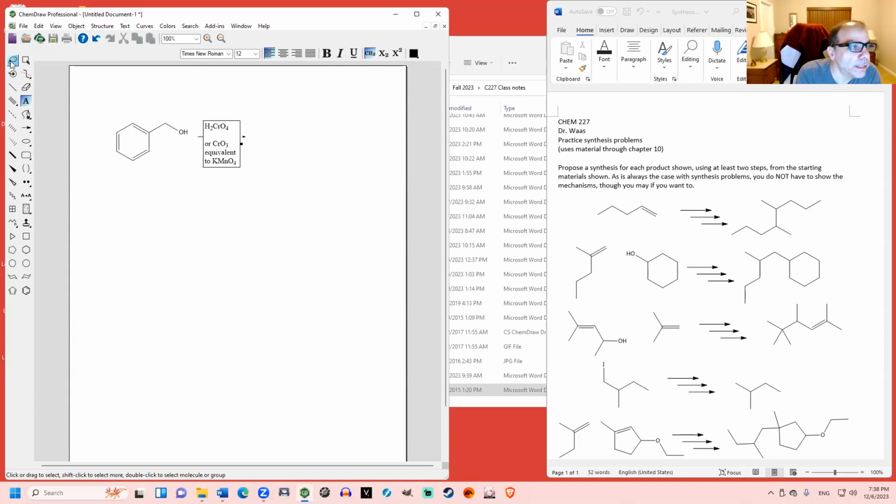They do the same thing. So it oxidizes a primary alcohol to a carboxylic acid. And it oxidizes a secondary alcohol to a ketone.